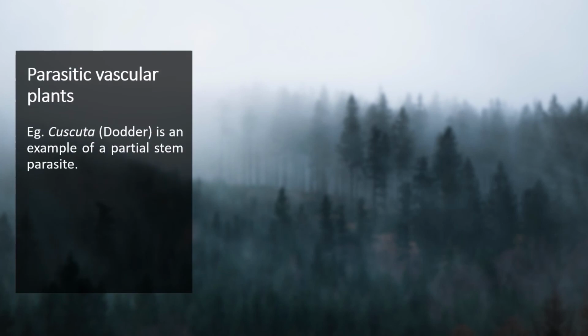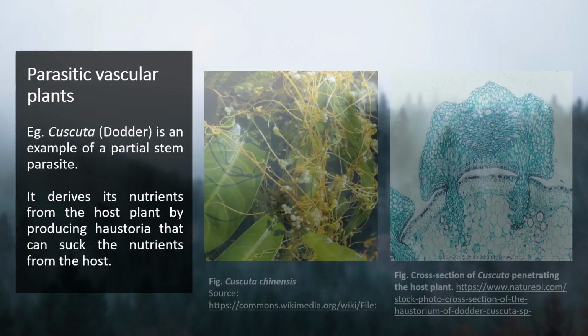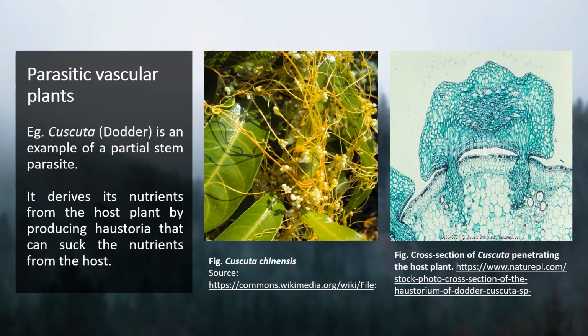So you can see here, this is a parasitic vascular plant. The yellow colored thread-like structure is cuscuta, that is your dodder, an example of a partial stem parasite. What it does, it derives its nutrients from the host plant by producing certain structures which you call haustoria.